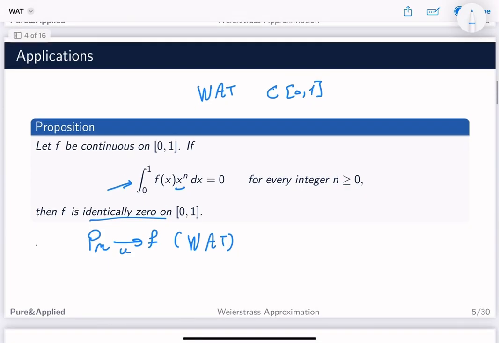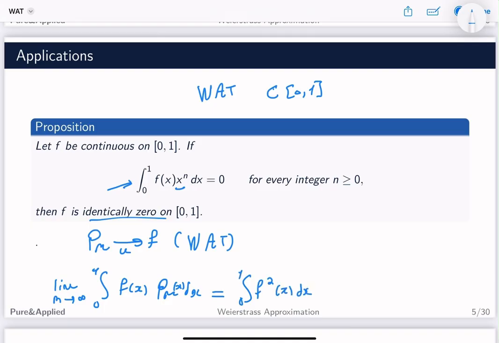Then what you can observe is that if you integrate f of x against P_m, and take the limit as m tends to infinity, this is going to go to the integral from 0 to 1 of f squared of x dx.